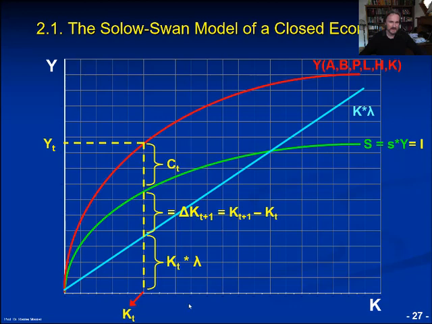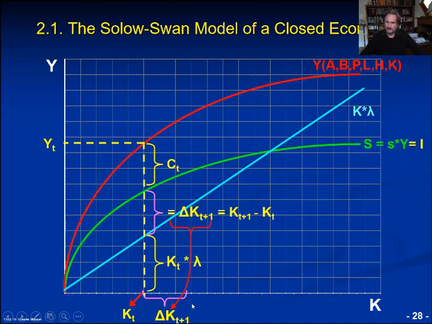Consequently, we can find the capital stock of the following period, t plus 1, by adding the net investment to the capital stock of the current period, KT. Like this.